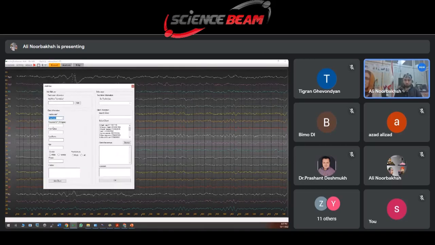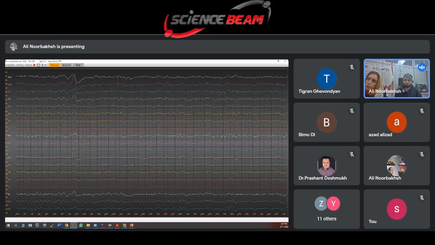This parameter we should fill it, personal ID. We can fill this part, but yesterday for this client there's the name of the client in this part.